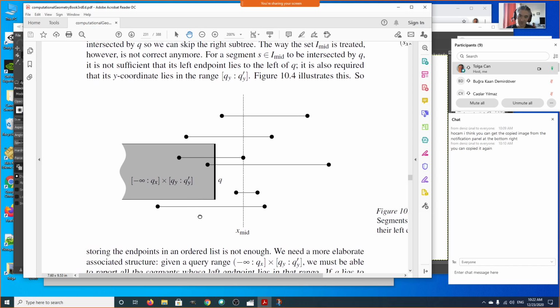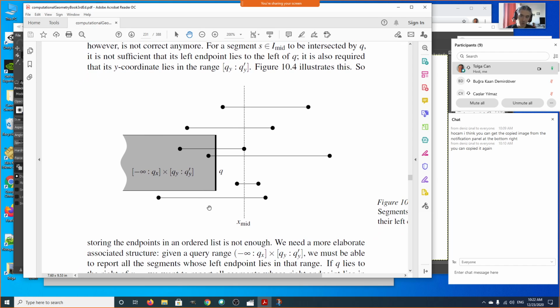In order to get back to the two-dimensional version, we want to find intervals and the left endpoints. When we go to the left subtree in our query, remember we only have the segments sorted with respect to their left endpoints, right? Because all of their right endpoints are to the right of xmid, so we don't actually consider them. They're going to be for sure contained in this Q, not in terms of their y coordinates, but in terms of x coordinates.